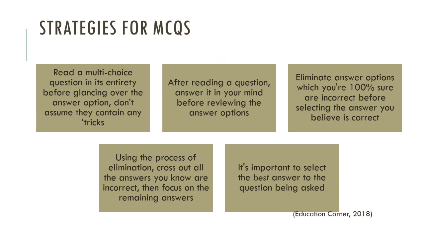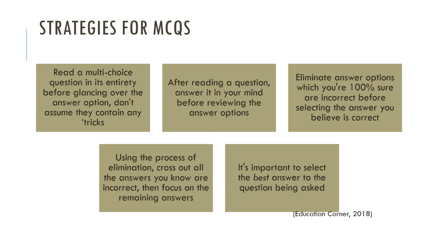Next, when you're looking at your answer options, if you cannot answer it, you go back, you read all your options, and then we will start on what we call eliminating the answer options which you are 100% sure are incorrect, before selecting the answer you believe is correct.